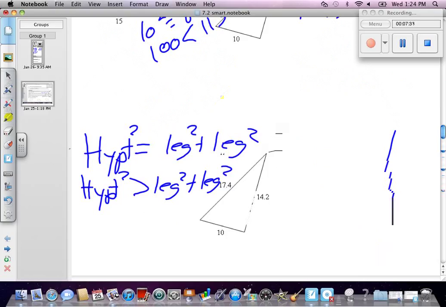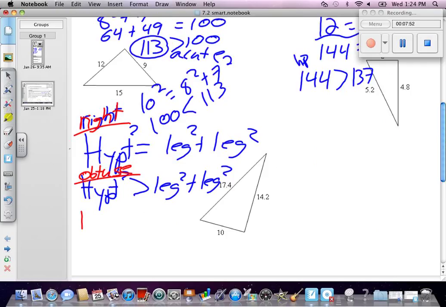Obtuse. That's okay. So this is right. This is obtuse. And so if the hypotenuse is less than the legs squared, then it is acute.